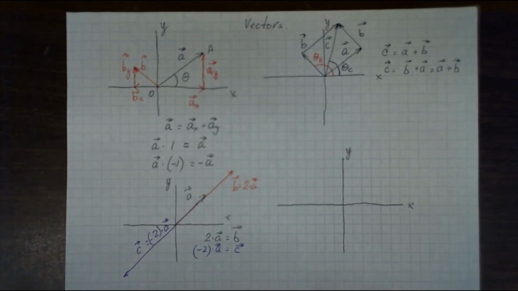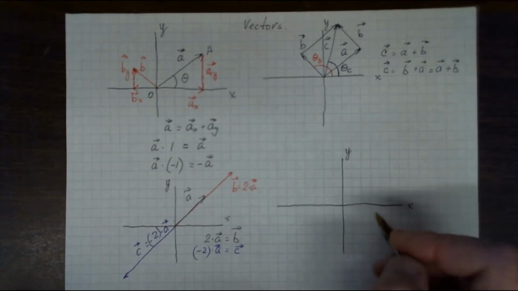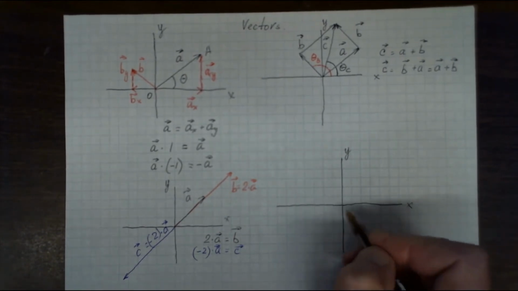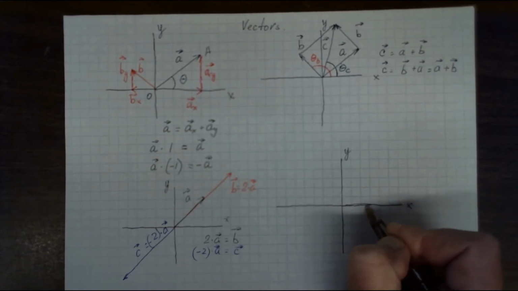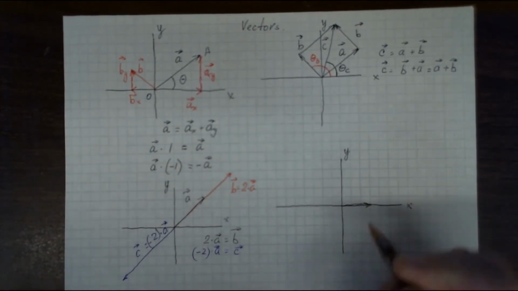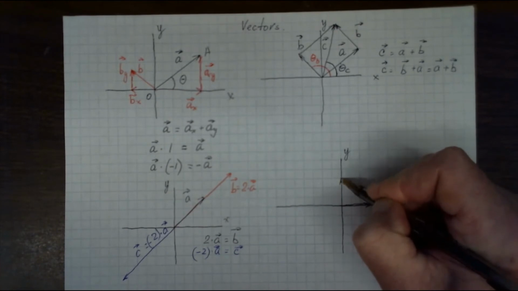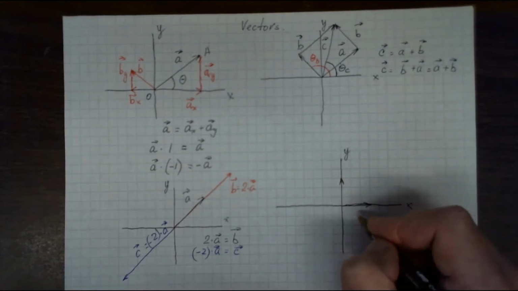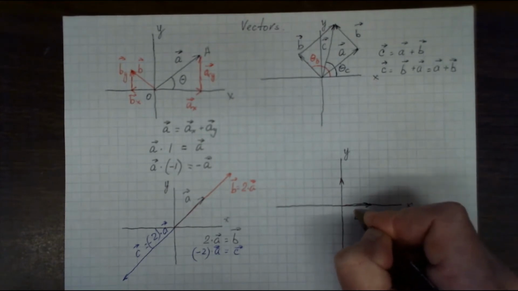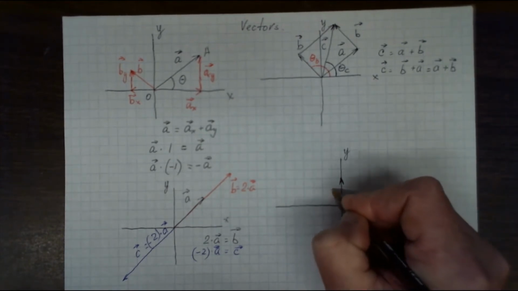In the xyz system of coordinates, I will define 3 unit vectors. So those 2 unit vectors will be in the positive direction of x and the positive direction of y. I will call them i and j.